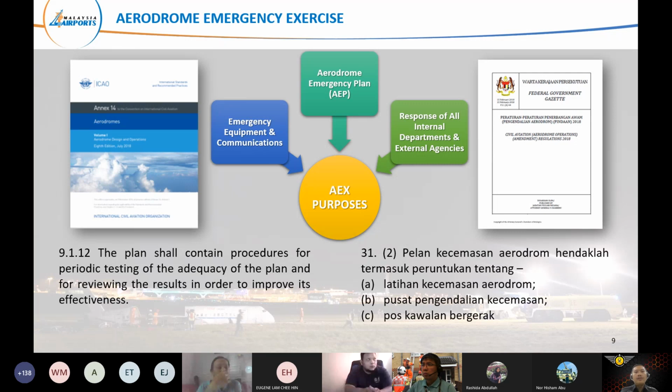Apart from that, we are also testing the emergency equipment and communication during the emergency, as well as testing the response of all internal departments and external agencies. So these are the requirements stated at international and national level.